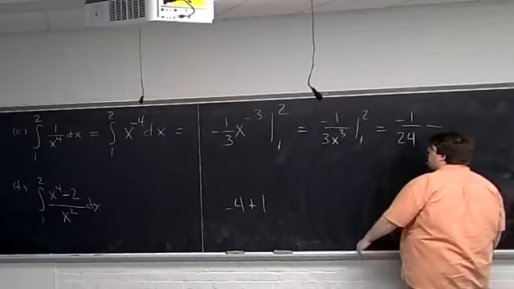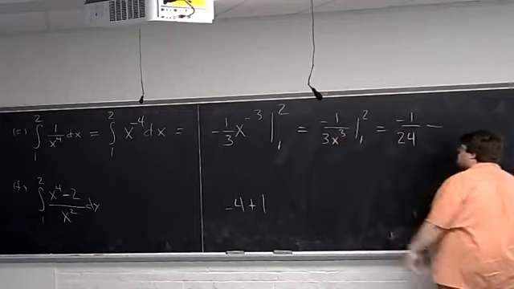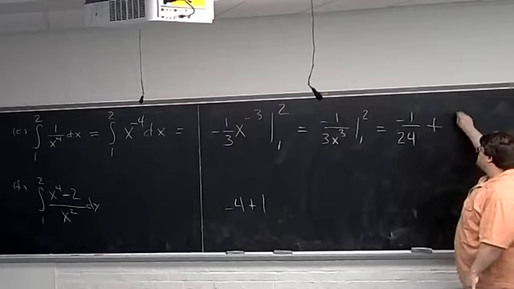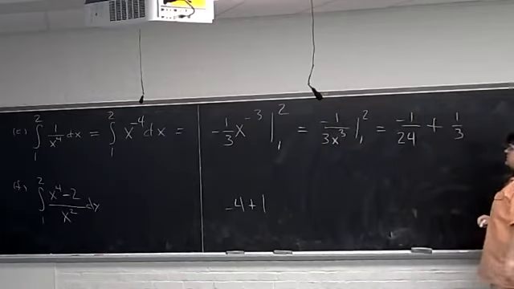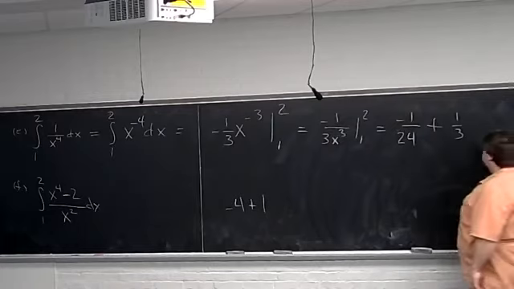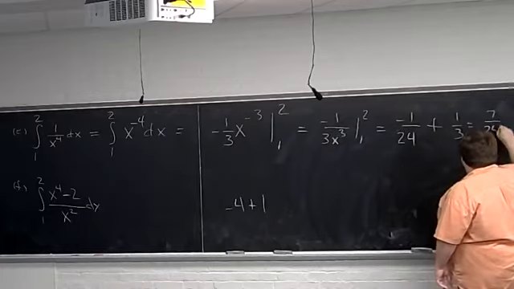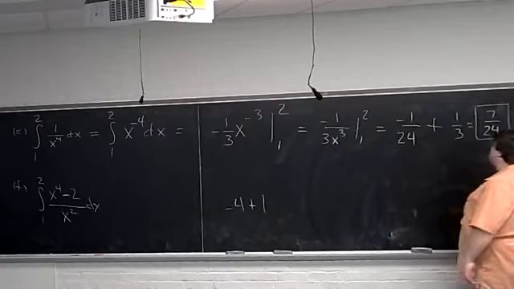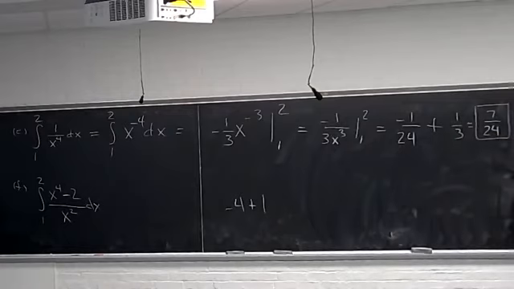When we evaluate at 1, we get negative 1/3. So minus negative 1/3. 1/3 is 8/24. 8 minus 1 is 7. We get 7/24 here. Any questions about this one?